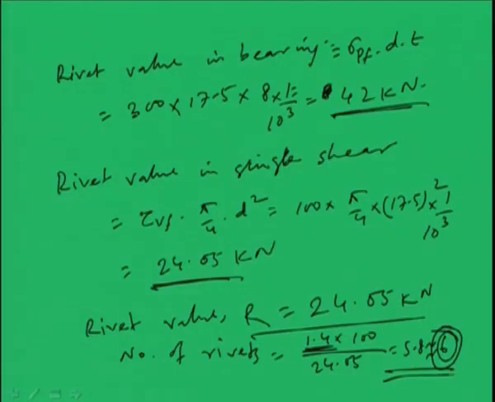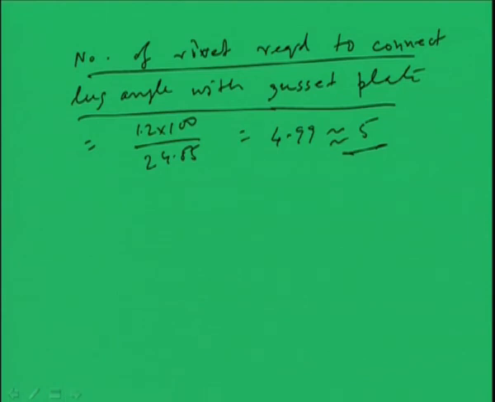That is why here we are multiplying with 1.4 and there we are multiplying with 1.2. So, the rivets which connect the lug angle with the main member are 6 and with the gusset plate are going to be 5. Okay. Now, we have to distribute properly.